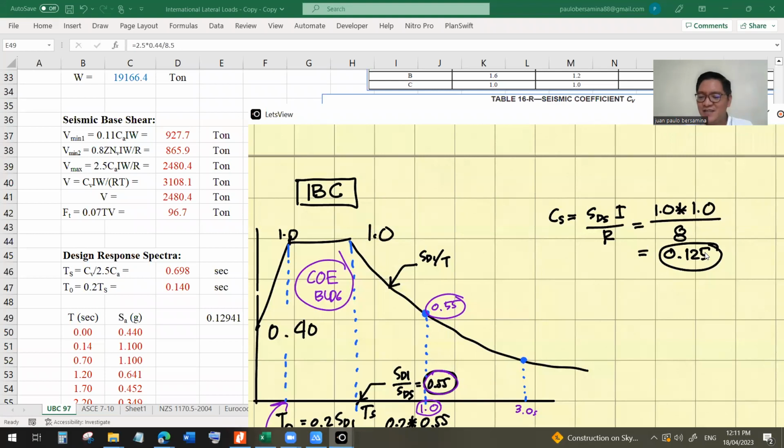Kita nyo, halos yung base share mo, ganun pa rin. But there's a tendency sa IBC na pwedeng mas maliit yung base share mo. Kasi nga, yun yung advantage ng spectral acceleration. Mas exact na yung ini-indicate natin spectral acceleration. Unlike sa UBC, just by distance.